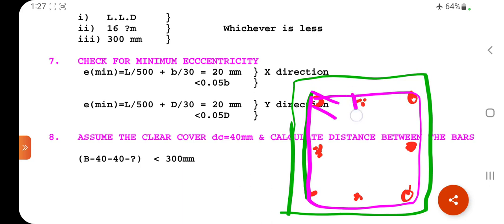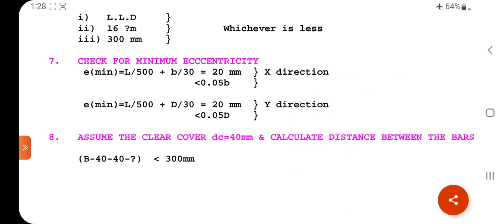Now here we may also provide a link. So this is a cross section of the reinforcement, or we may also provide the longitudinal reinforcement in this way.